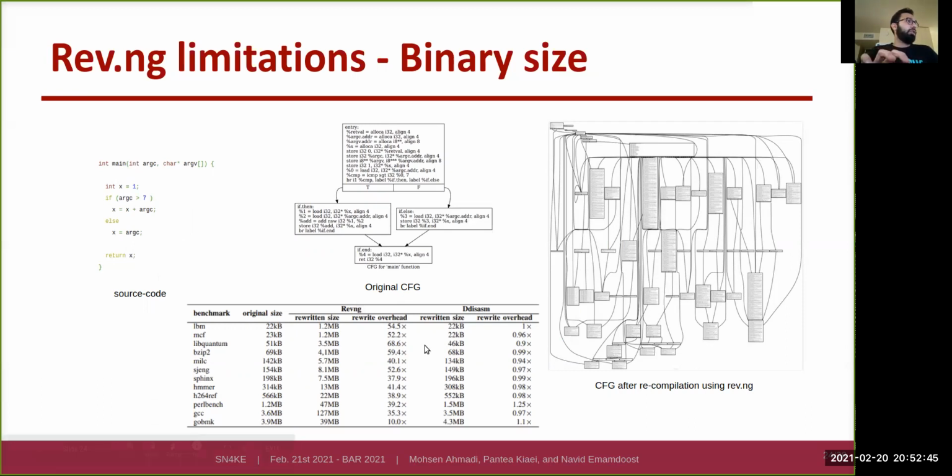And for example for LLVM, the size overhead of the Disassem resulting binary is almost 1, but for Revenge it is 50 times larger, and it goes up to about 70 times larger. So this is the first reason.